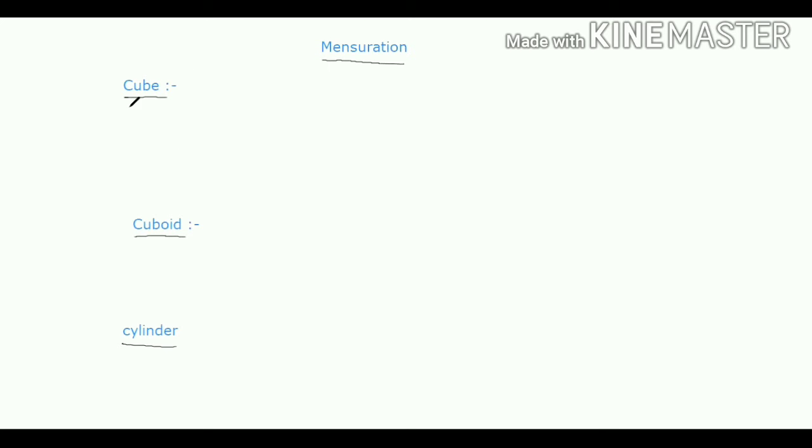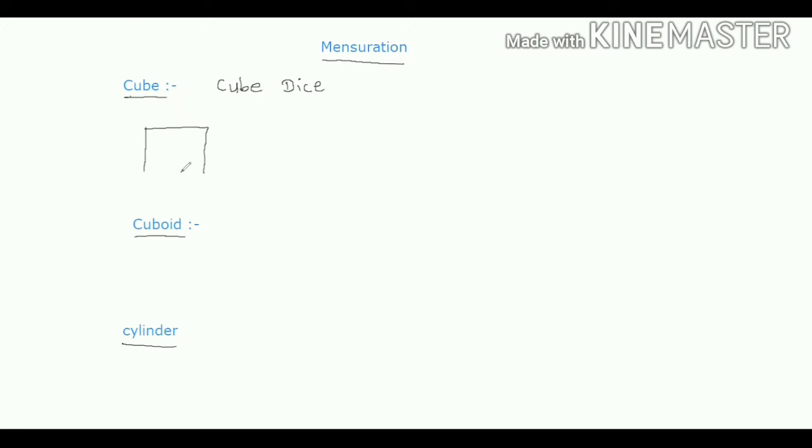First of all, we will talk about the cube. What is a cube? A cube is nothing but a dice. So let's talk about the cube. I will draw one figure of a cube.